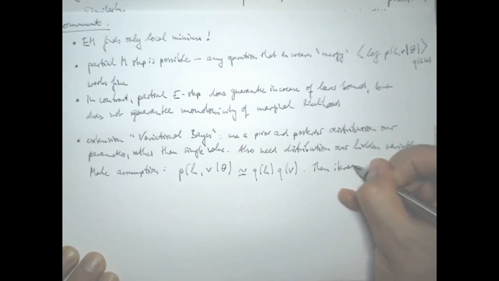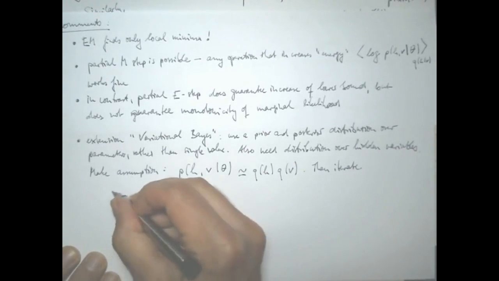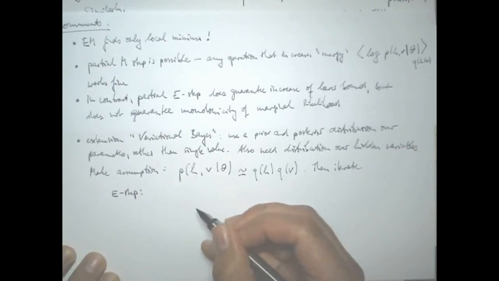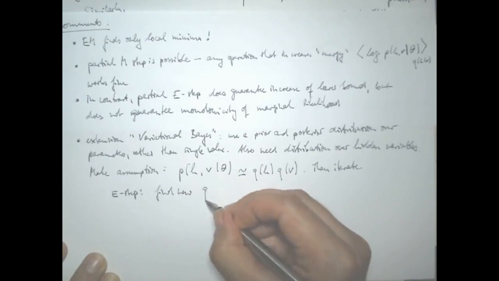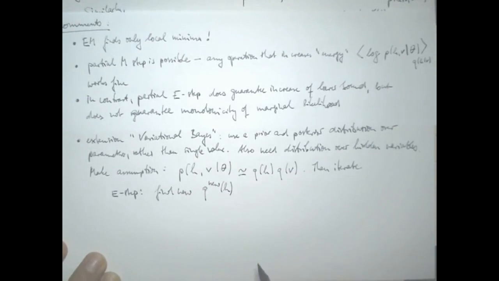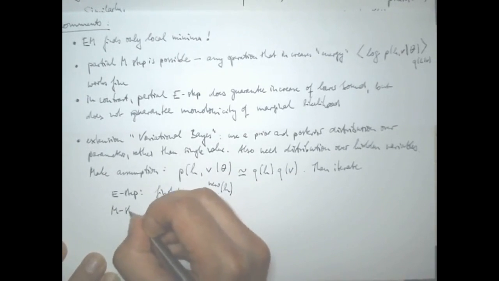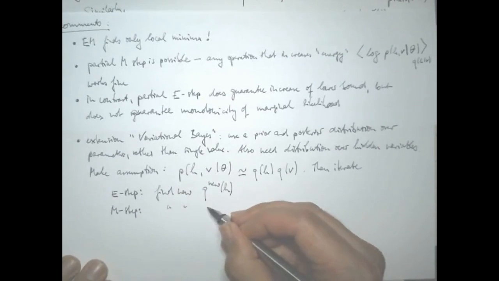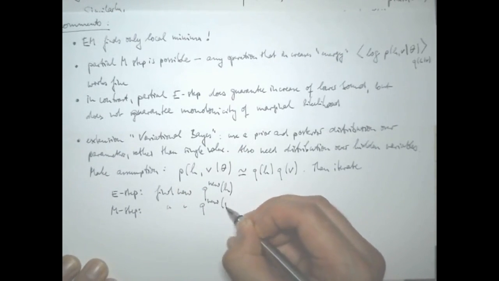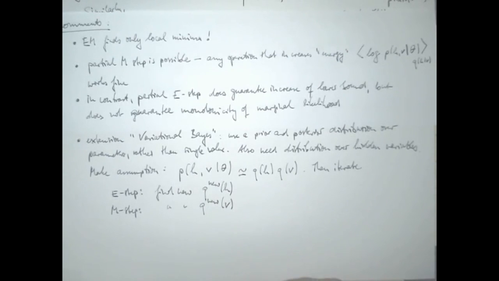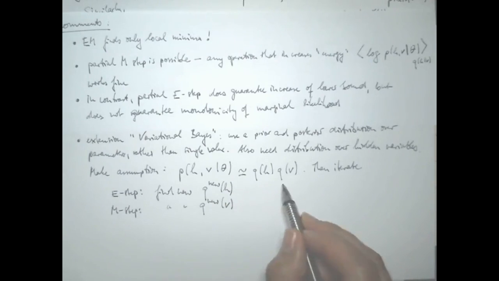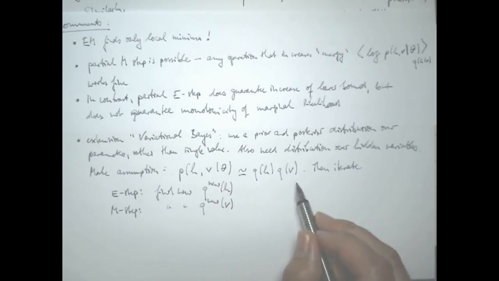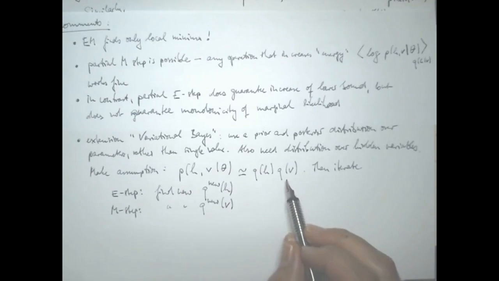And you then iterate the following, an E step, where you find a new distribution of your hidden variables, and an M step where you find a new distribution over your visible variables. So this assumption here in a graphical model, this would amount to eliminating all the edges that somehow connect your hidden and your visible variables.